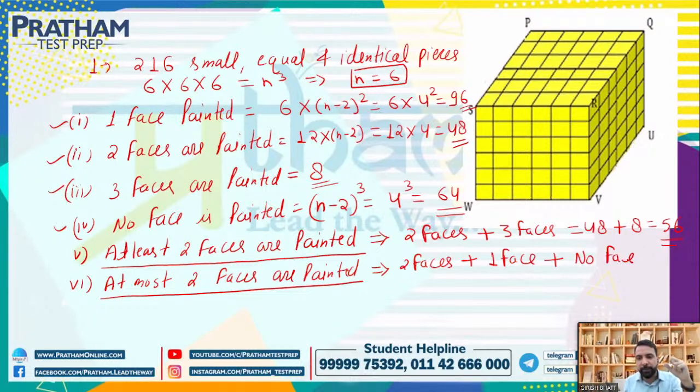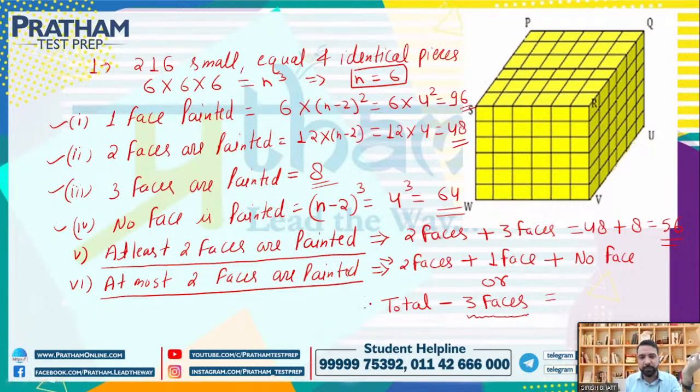You add these three and you can do total minus 3 faces painted, because we are not looking for 3 faces. We want at most 2. If it is more than 2, remove it. And what can be more than 2? 3 faces painted can be. Subtract that from the total, you'll get the answer.